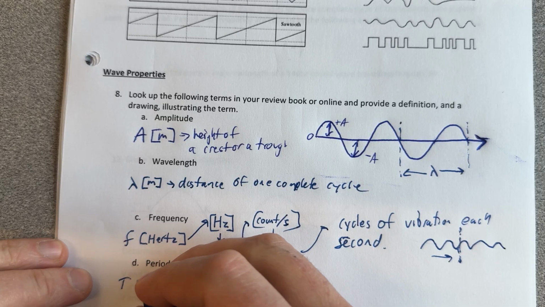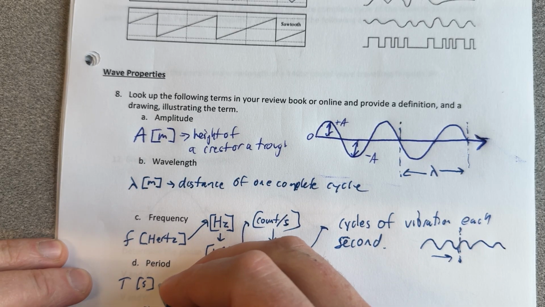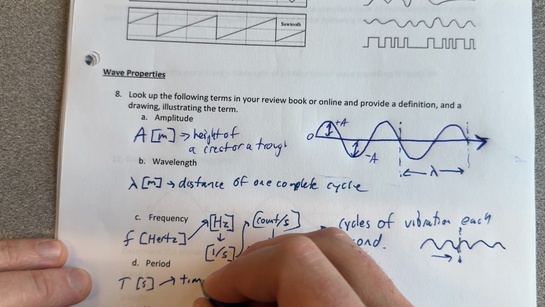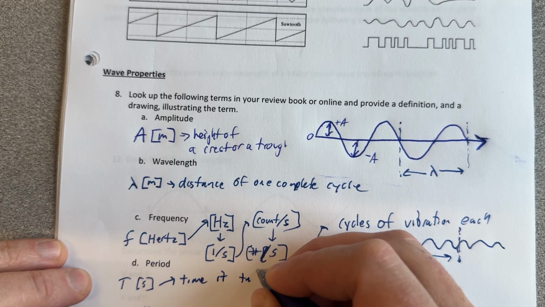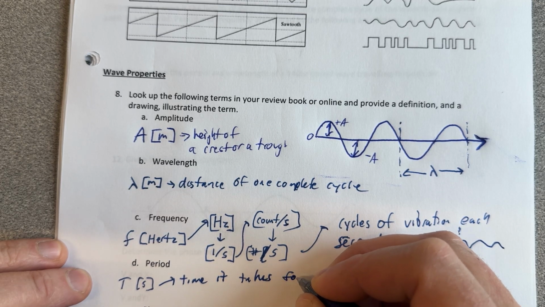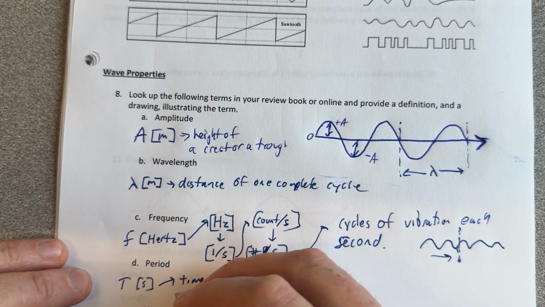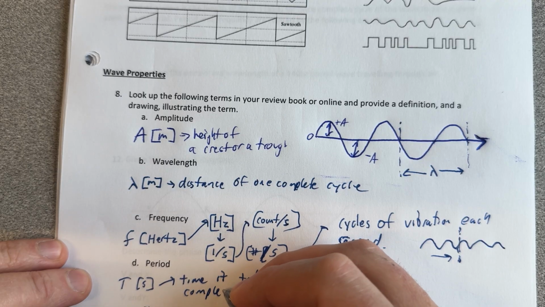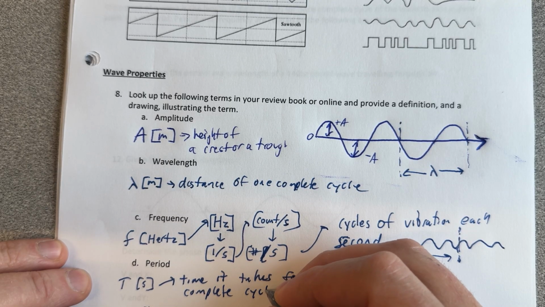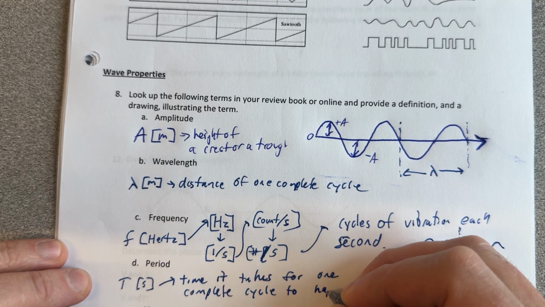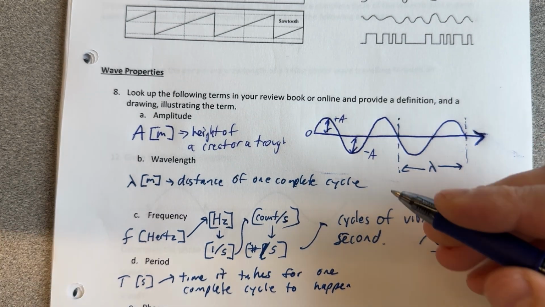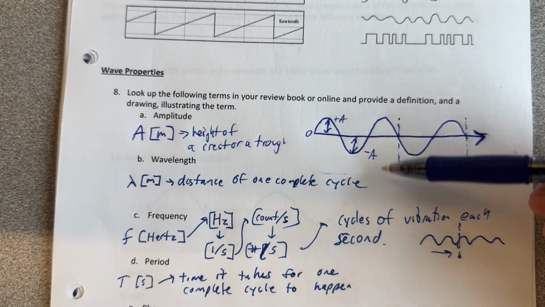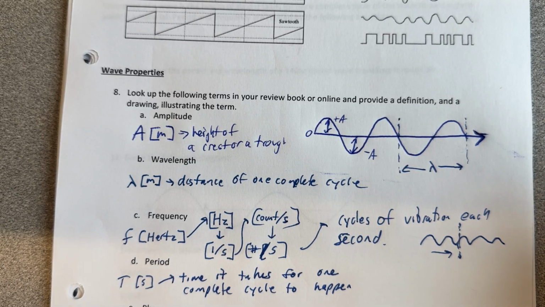Period is in seconds. That's the time it takes for one complete cycle to happen. All right, how long does it take the spring to go up, down, and back up again, right?